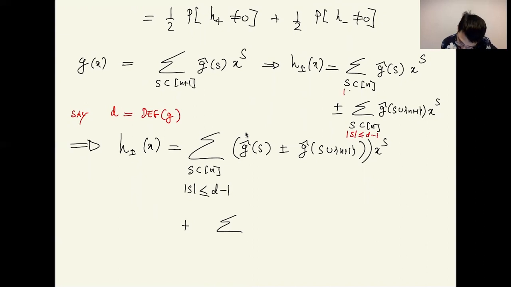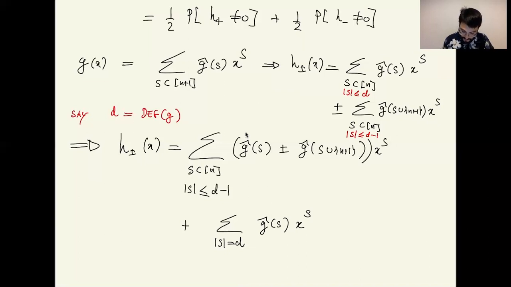And these guys, well, they can be less or equal than D. And why are these guys less or equal than D minus 1? Because you remove the x_{n+1} variable from them. Okay, so the degree of G is at most D. So that's what you have. Then you group those which have degree less, and you leave those which have degree exactly D out. So you can write it like that.